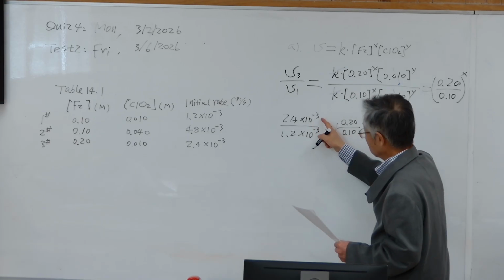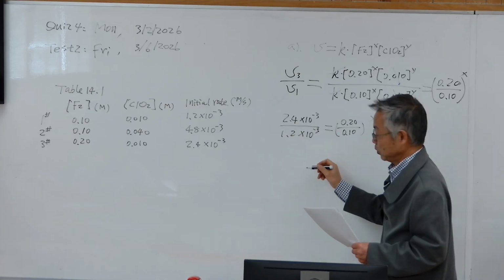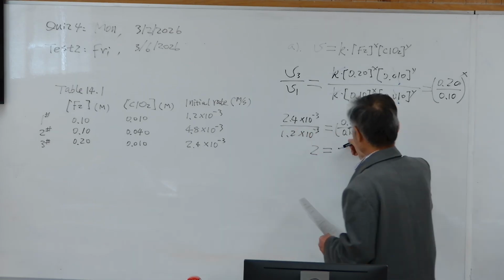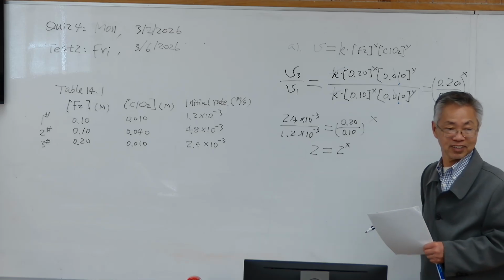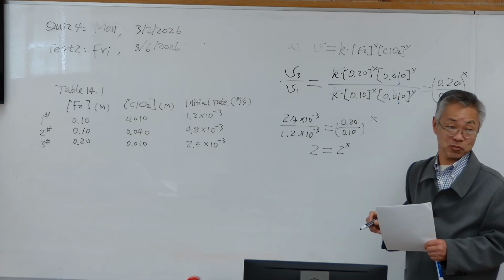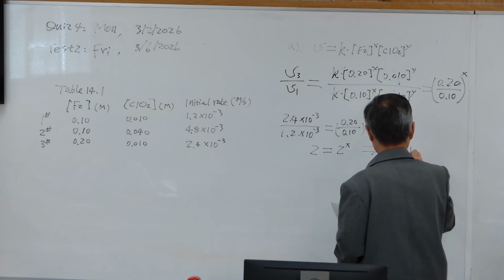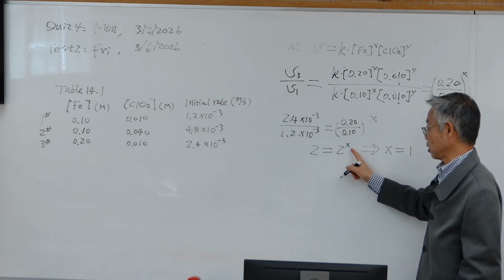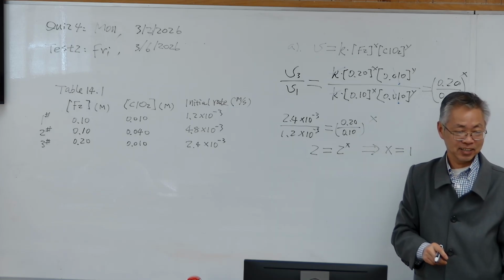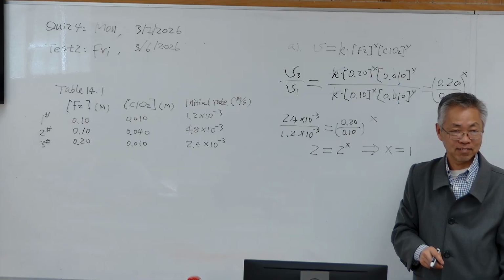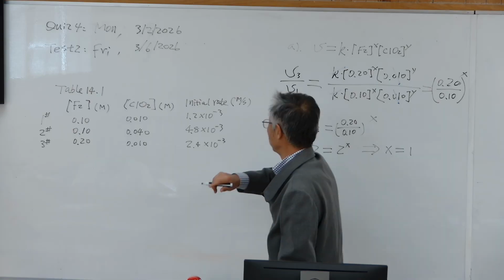So you find 10 to the negative 3 is the same. 2.4 divided by 1.2 is 2, right? 0.2 divided by 0.1 is 2. So 2 equals 2 to the X power. Is this clear? X is 1. You get it? By comparing experiment 3 with experiment 1, we figure out X.